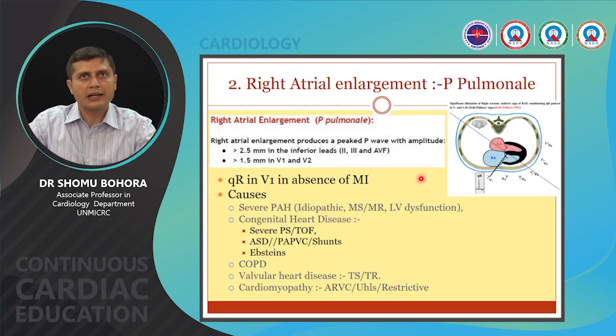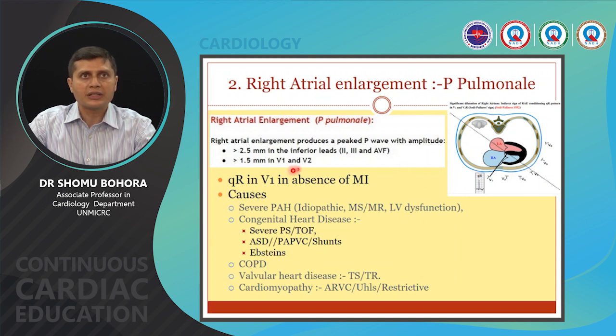Now coming on to right atrial enlargement, which is also called P pulmonale. The right atrial enlargement mainly is diagnosed by more than 2.5 millimeters in the inferior leads, and in V1 and V2 more than 1 square, exactly being 1.5 millimeters.